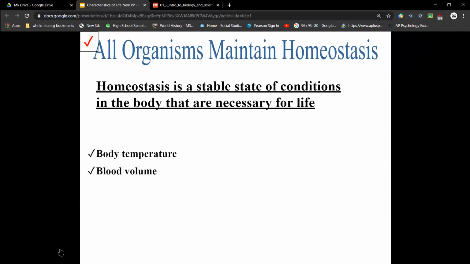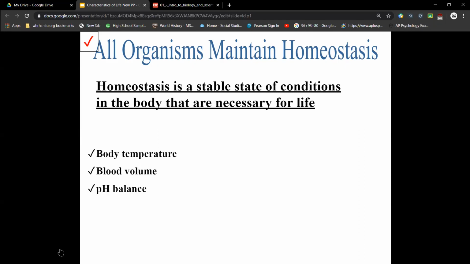Blood volume. If you have too much blood volume, you get things like high blood pressure, which can cause swelling in your joints, which can be really painful. If you have a really low blood volume, you're not going to be able to get oxygen to the rest of your body parts, and you could be fatigued, and you could die from this too. So homeostasis is really important in that sense.